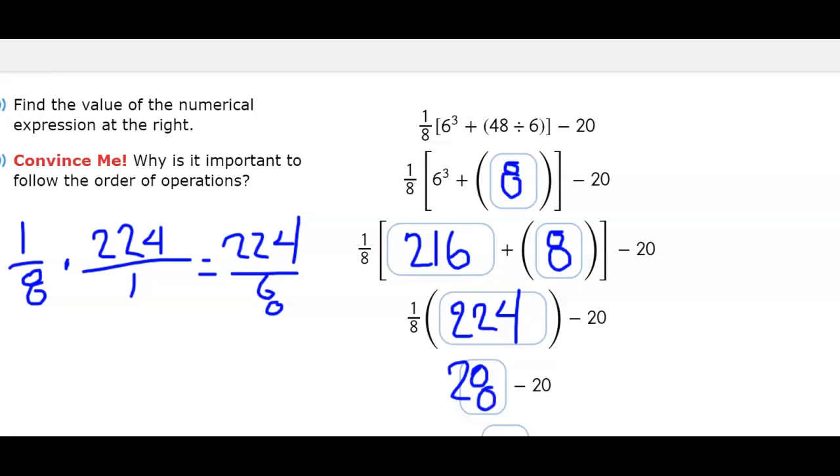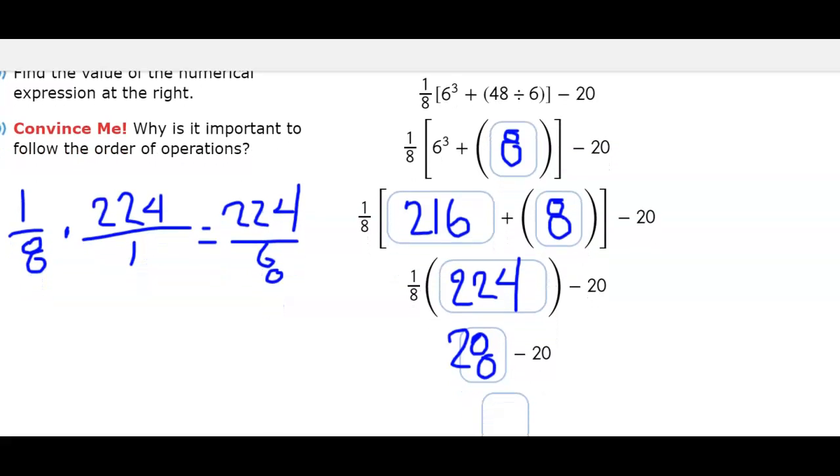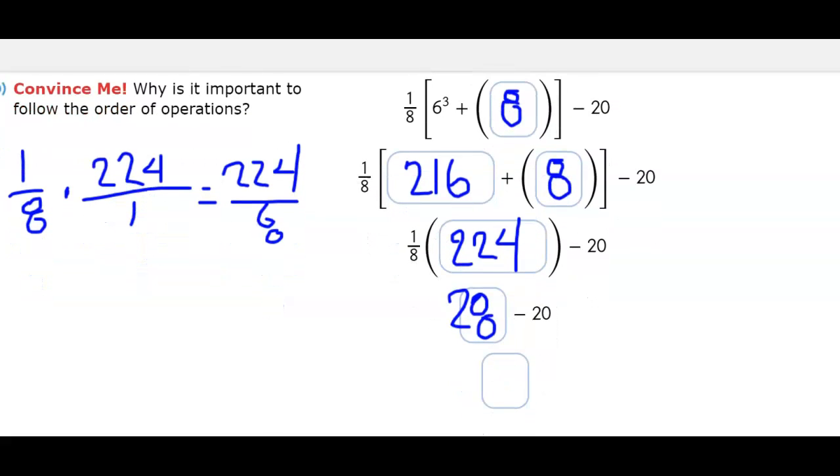And then 28 minus 20 will leave us with 8. So everything is going to shift a little once I scroll up. Okay, and then we have 8 as our final answer. That's it.